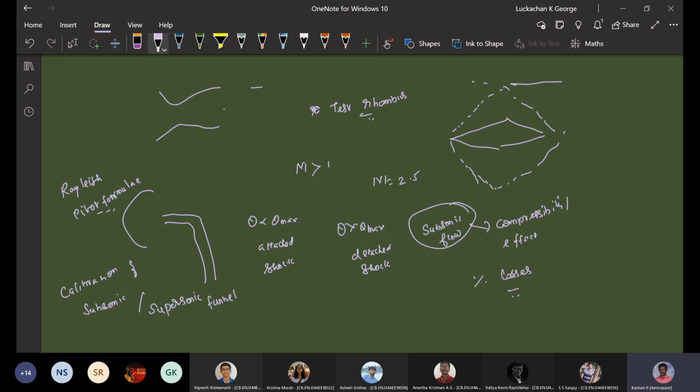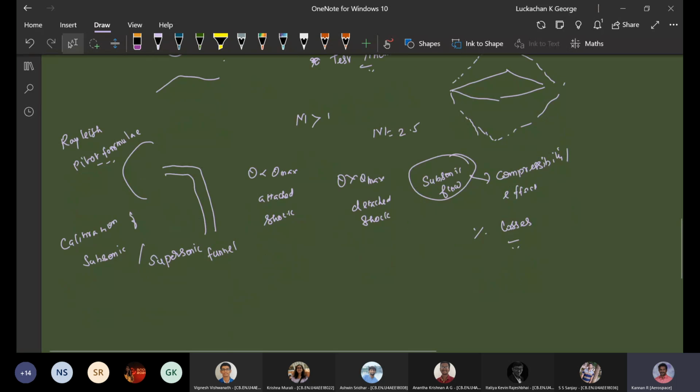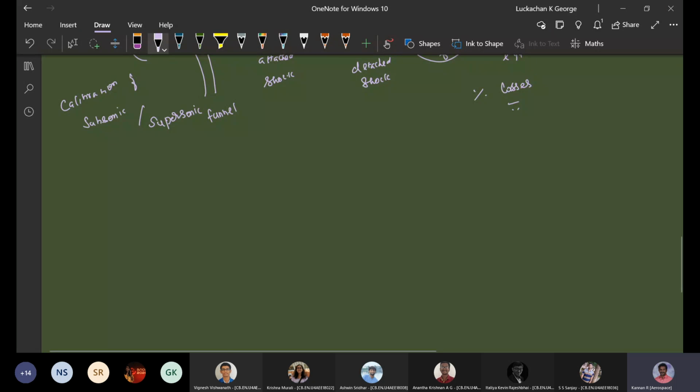I'll take that up, and we will go for calibration of subsonic and supersonic tunnels. In the case of subsonic flow, what flow visualization methods are there? That also we need to look at. Subsonic, and then we'll go for supersonic.